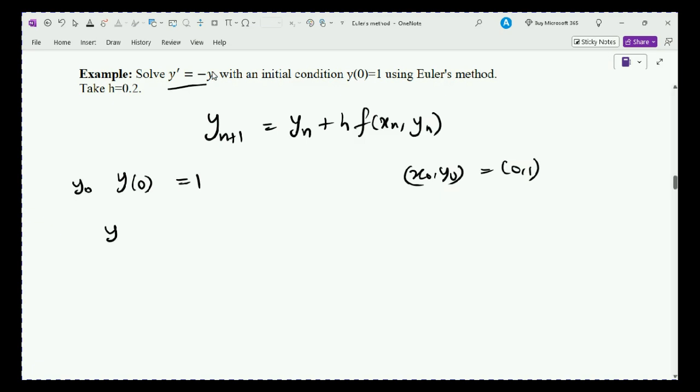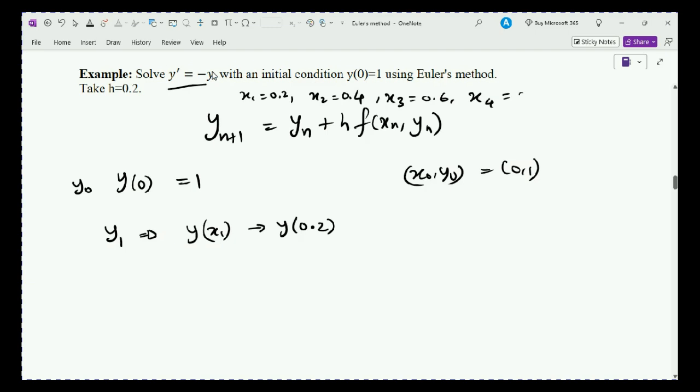Now we'll see y1, which is y of x1, which is y of 0.2, because x1 is 0.2. h is 0.2, so x1 is 0.2, x2 is 0.4, x3 is 0.6. We'll go until x4, which is 0.8.